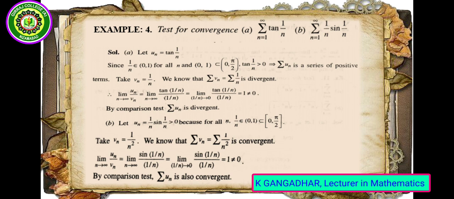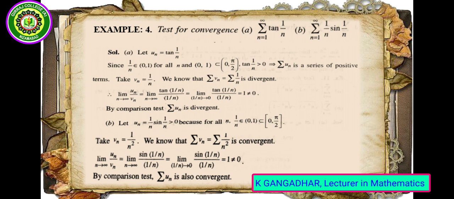Here we get Un, tan 1 by n, greater than 1 by n for all n belongs to Z plus. So we say Vn value 1 by n and the limit of Un by Vn, tan 1 by n by 1 by n, limit value we get 1.